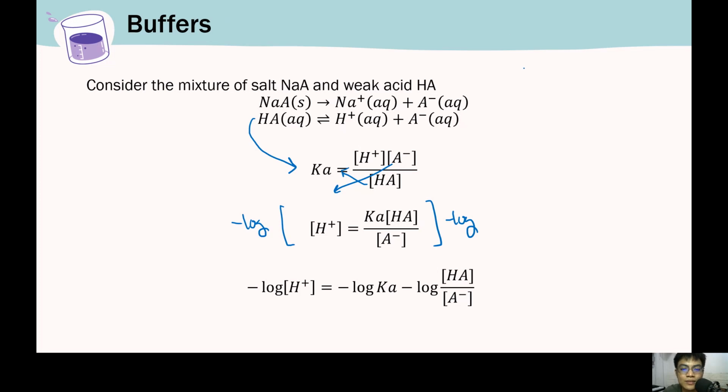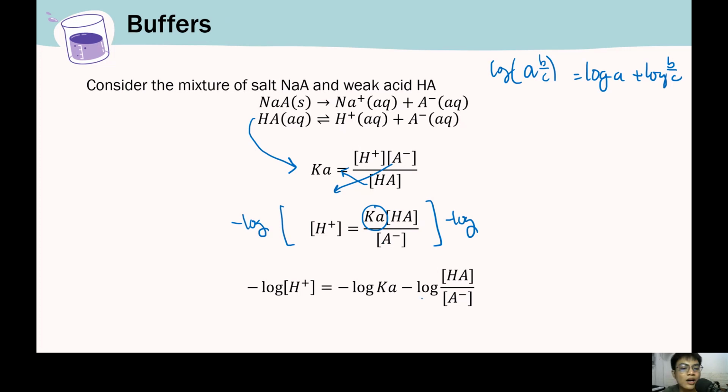Diba I mentioned last time in our discussion na if you have logarithm here, it becomes log A plus log B, right? Pero kung ito ay fraction, pwede rin naman sila maghiwalay. Okay? So, ganun lang nangyari dito. Our A being the Ka. So, humiwalay yung Ka, and then yung quotient na HA, A minus, magkasama sila.